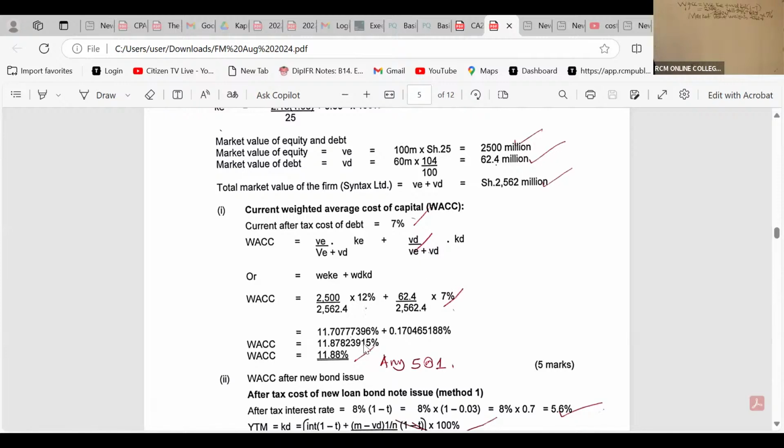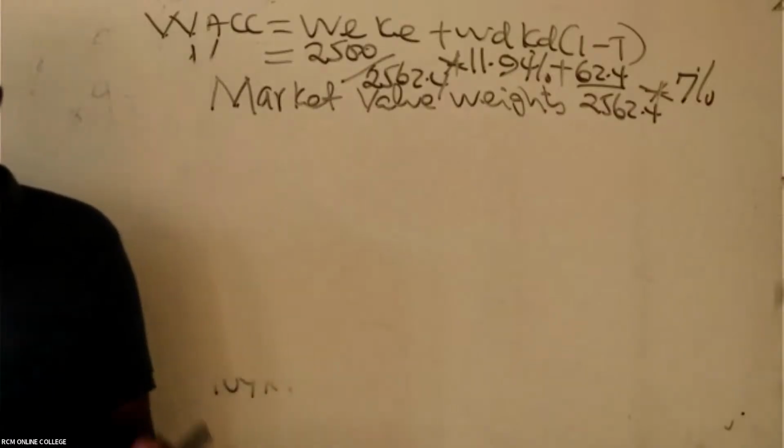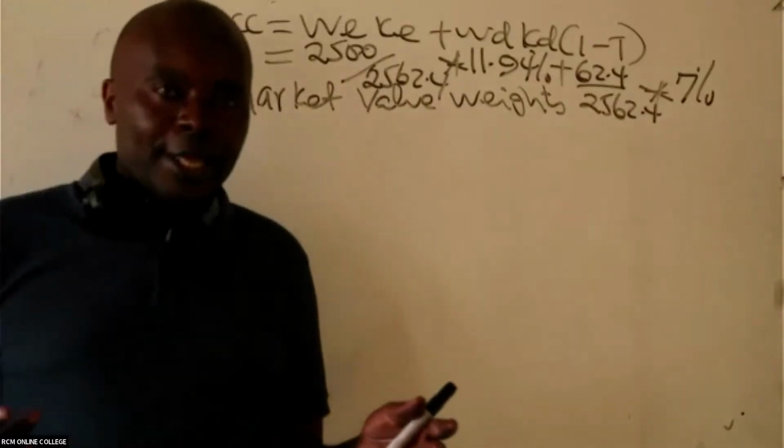Including people who are able to get these market value weights, 2,500 for equity and 62.4 for debt, even this total had marks for you. Yeah, 11.8 something, in this case I will be able to give you a mark.